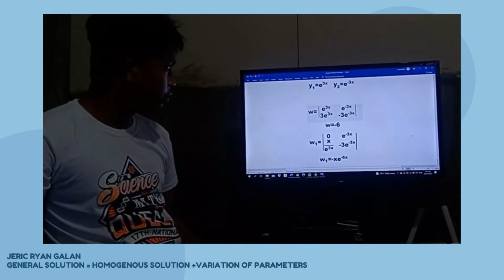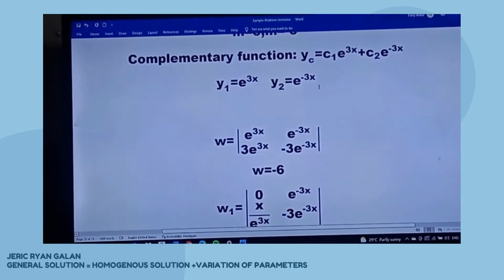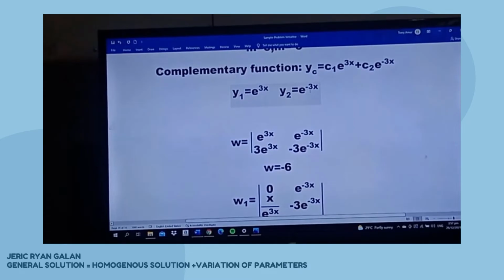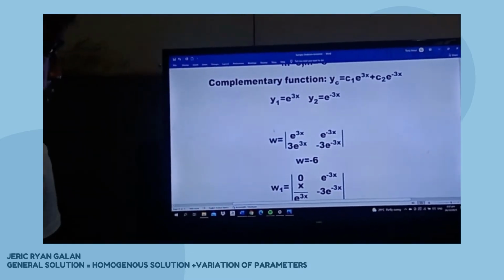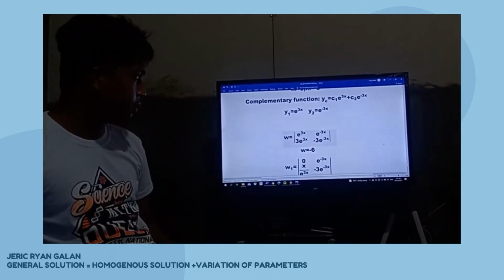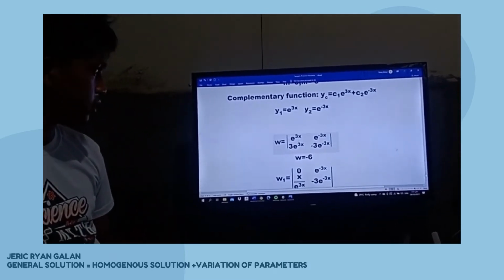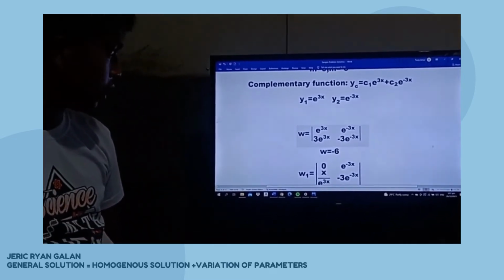So, ang y1 nato is e raised to 3x, tapos ang atong y sub 2 is equals to e raised to negative 3x. So, ang sa baba kay ang derivative man daw. So, ang derivative sa e raised to 3x kay, baba nimo ang 1 diri, tapos copy ra, kasi baba nimo ang constant number.